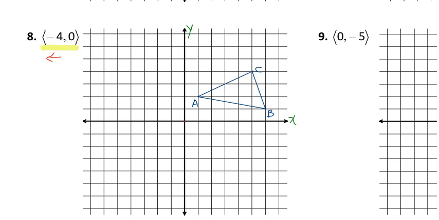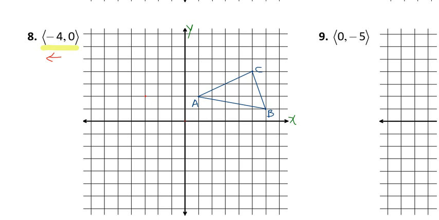So we start with point A. 1, 2, 3, 4 units would be right here. So we have the point A prime more or less over there. Point B, 4 units to the left.